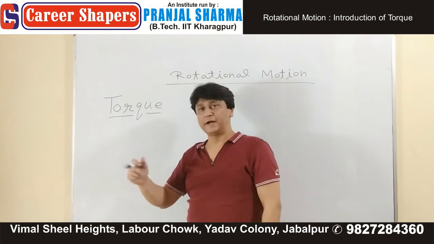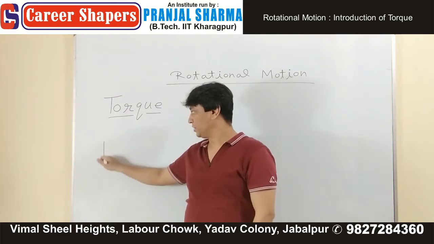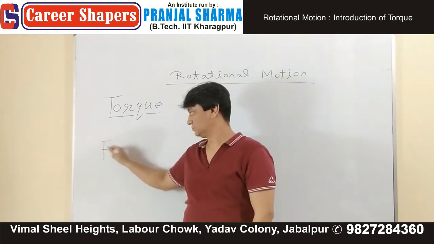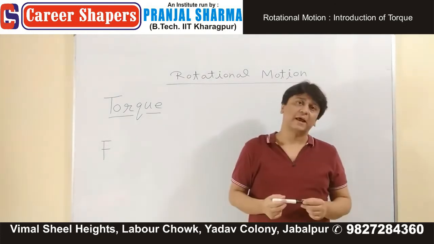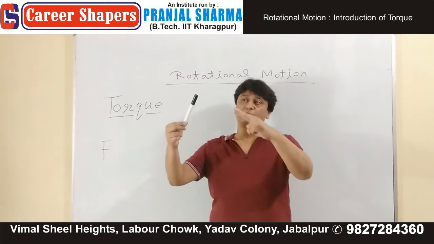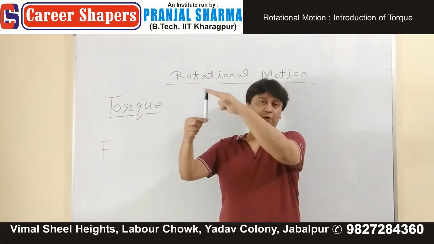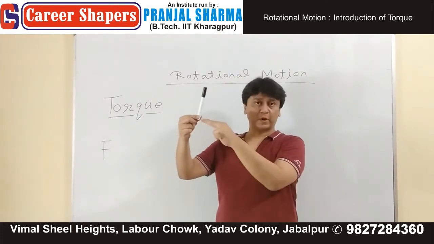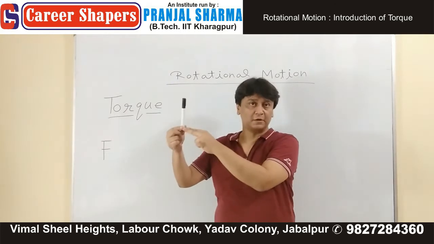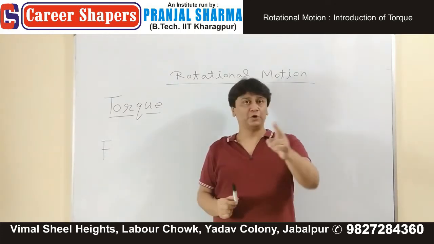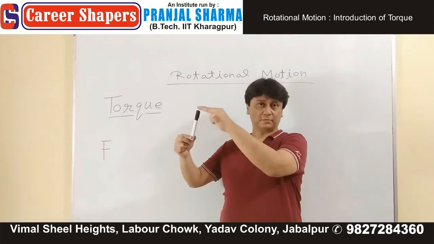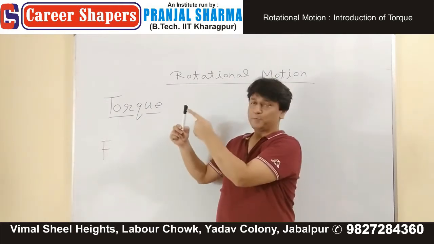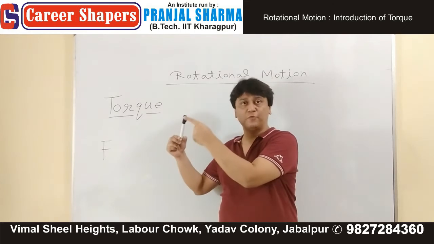If you want to rotate something, then you need force. But force alone cannot rotate a body. If I apply force over here, it will. If I apply force over here, then it doesn't. And therefore, you need to provide the position of the point of application of force.